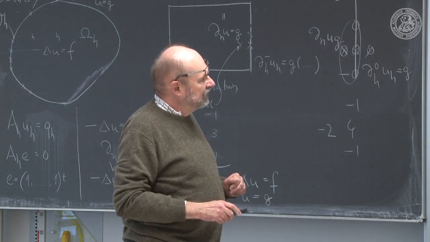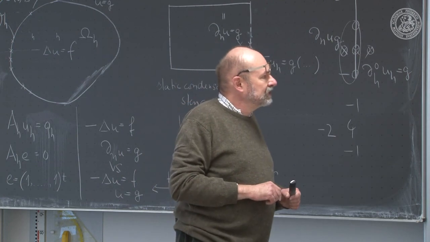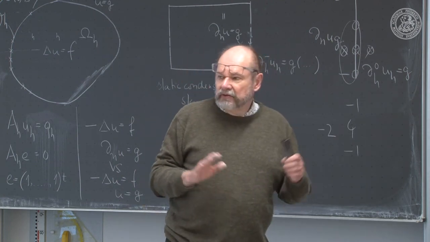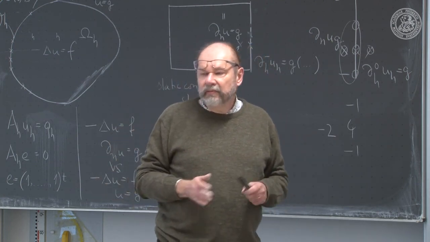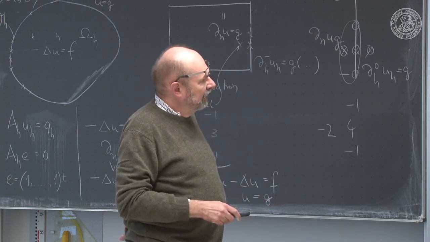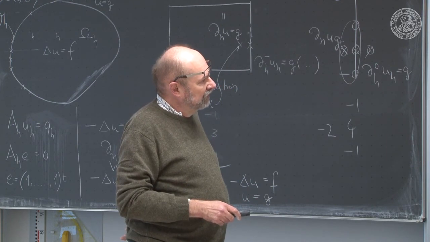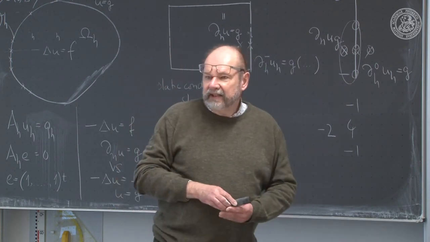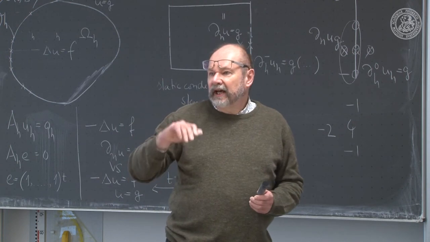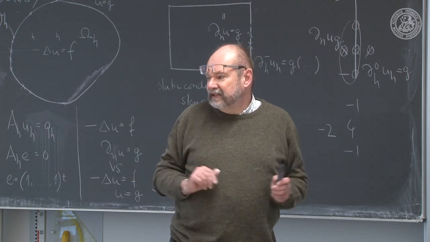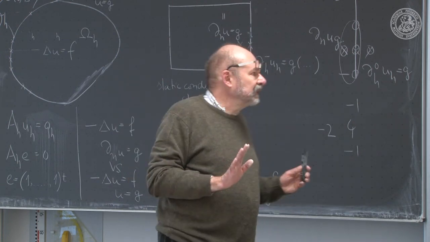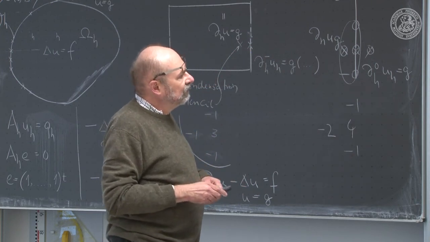Then the statement of the maximum principle is that the maximum of the solution on the closure of the domain, omega bar, is less or equal to the maximum at the boundary. So it's not possible that in the interior, in omega, a larger value is attained than at the boundary. That is the weak maximum principle.